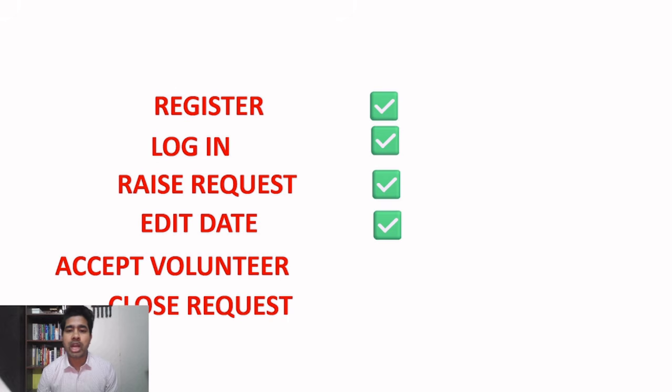And then how you can accept a volunteer if any NGO, CSR, or any individual volunteer has applied to any of the activities that you have raised in the portal. And the next is closing the request. Post completion of the activity you can close the request by uploading just 3 photographs. So overall you have learned all the steps.